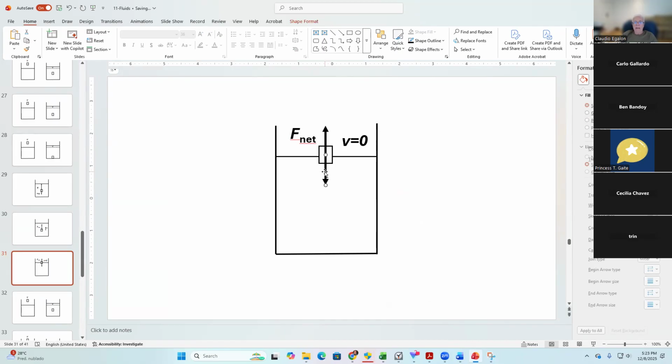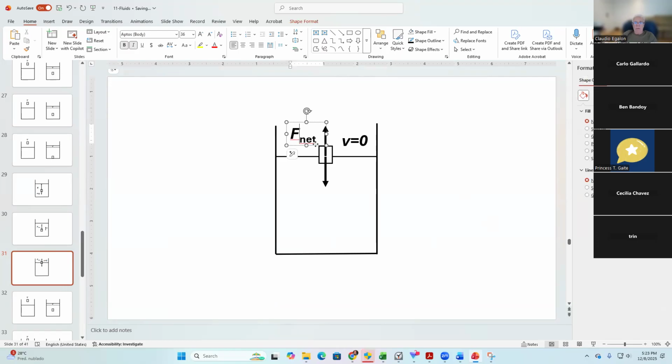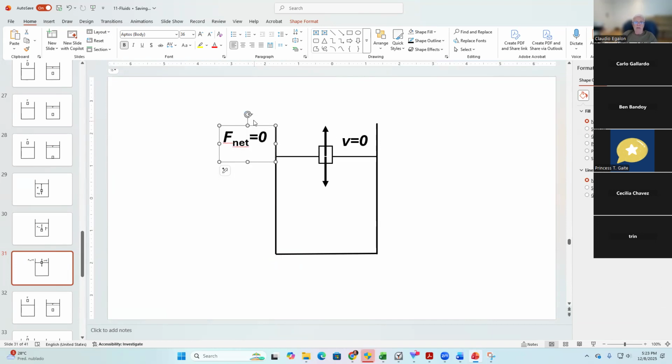The net force will be equal to 0. That's what's going to happen when the object reaches the surface.